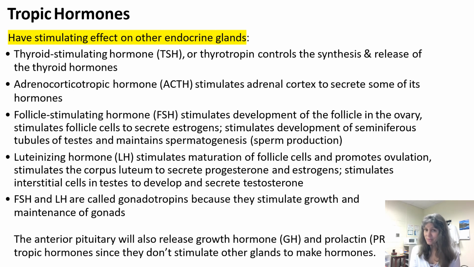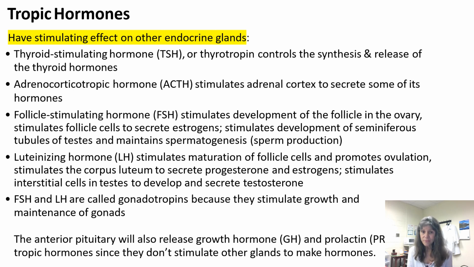This takes us to follicle stimulating hormone, which helps to stimulate the development of follicles in the ovaries, which produce and secrete estrogens, and in males it stimulates the development of the seminiferous tubules in the testes to maintain the production of sperm.